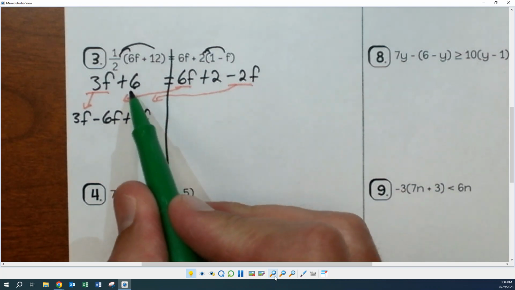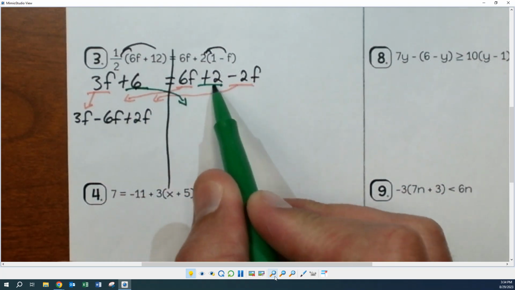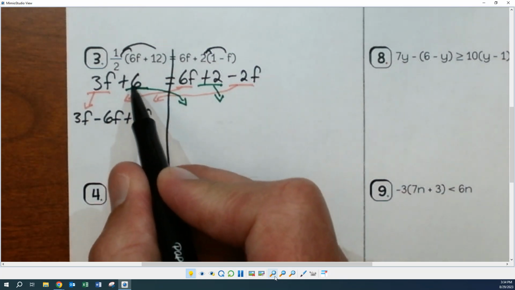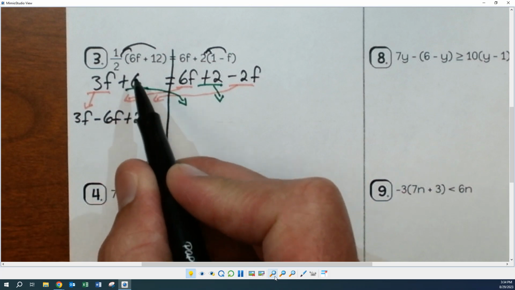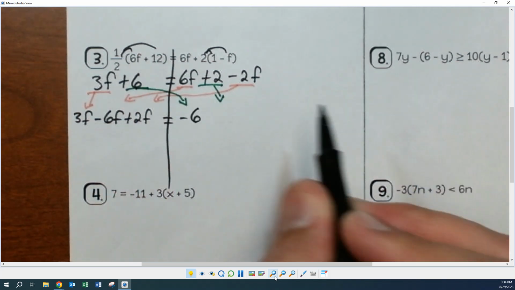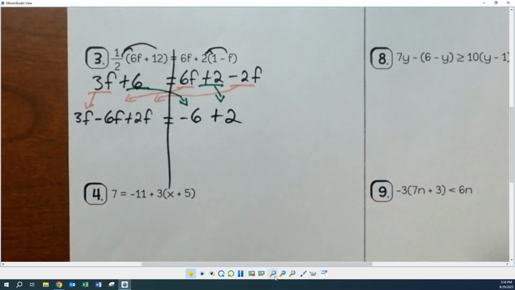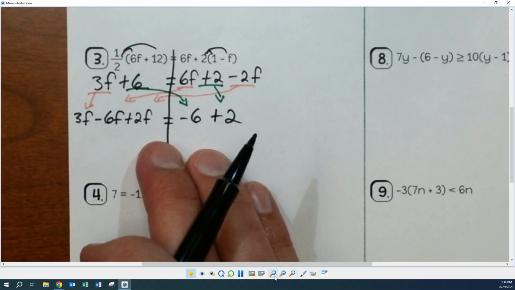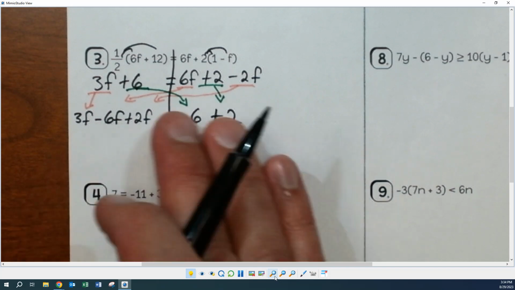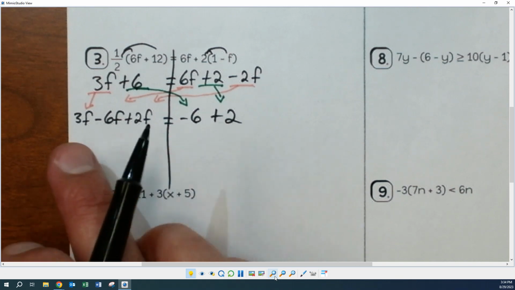I'm going to do the same thing with my constants. Six is changing sides, so instead of positive 6, it's now negative 6. And then positive 2 stays positive 2. You do not have to do this method. I'm choosing to do this method because I'm trying to show a little bit different way for some of my students to try this out.